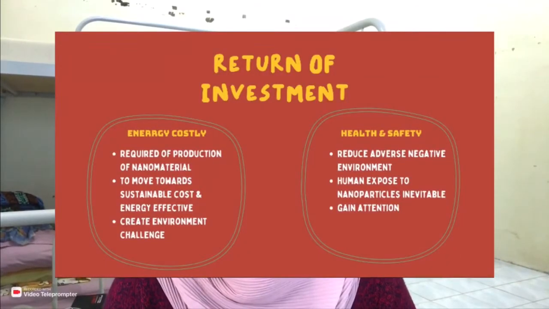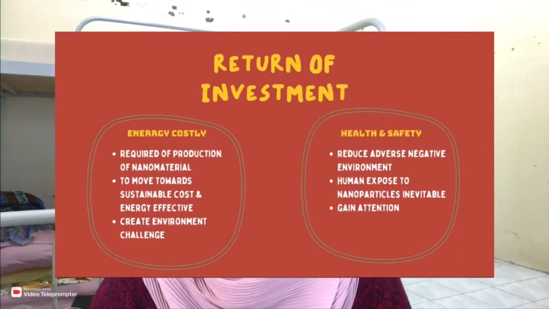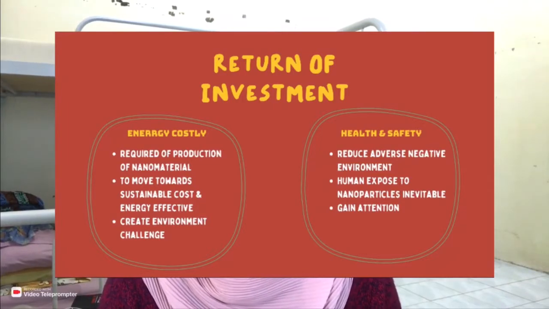So let's go to the return on investment. It is divided into 2. First is energy costly, whereby production of nanomaterial is required with high energy, given the desire to move towards more sustainable, cost and energy effective materials. So the use of nanotechnology in concrete is an environmental challenge to the construction industry.